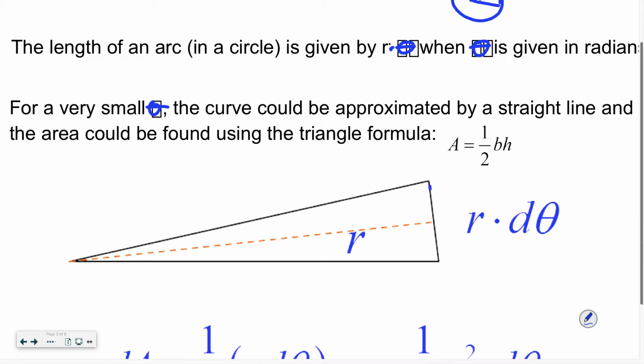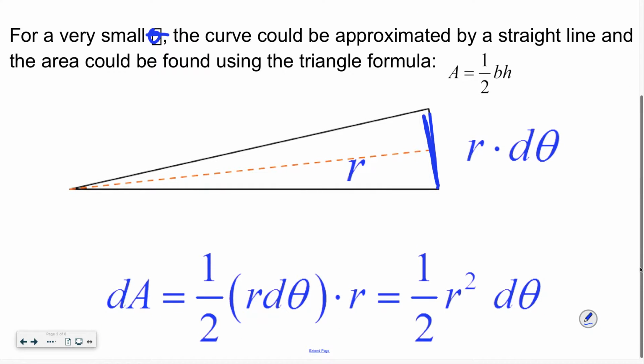Well, if this arc length is r times theta, but we're so small, we're talking about d theta instead of theta, then that means our area is 1/2 base times height. So we're talking about 1/2 r squared d theta. And we're talking about differentials because we're talking about such a small change in what's happening.